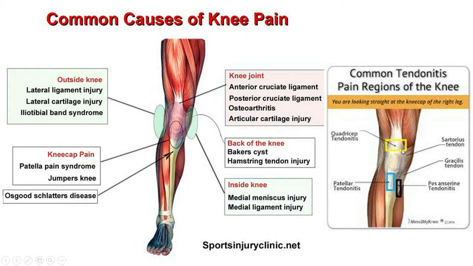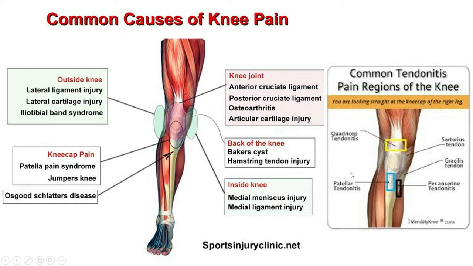Okay, now there is some tendonitis, like pes anserine tendonitis, over the hockey stick insertion of the gracilis, semitendinosus and semimembranosus. And if this is over the tibial tuberosity, it is called patellar tendonitis. Then we can also find tendonitis over this knee area.